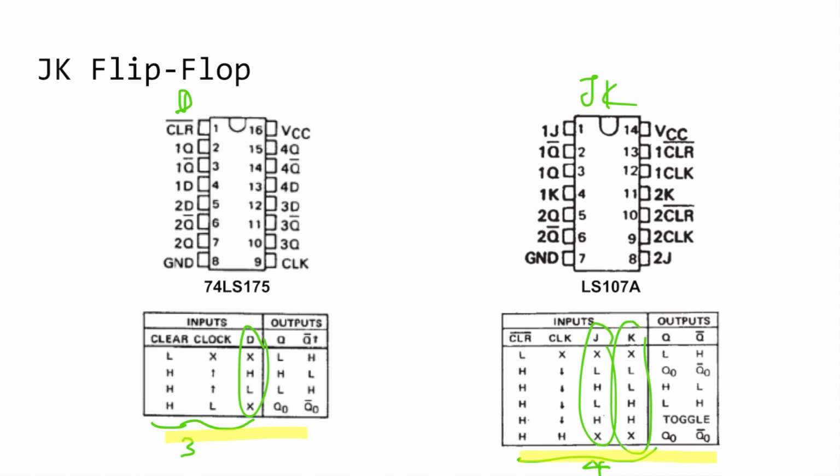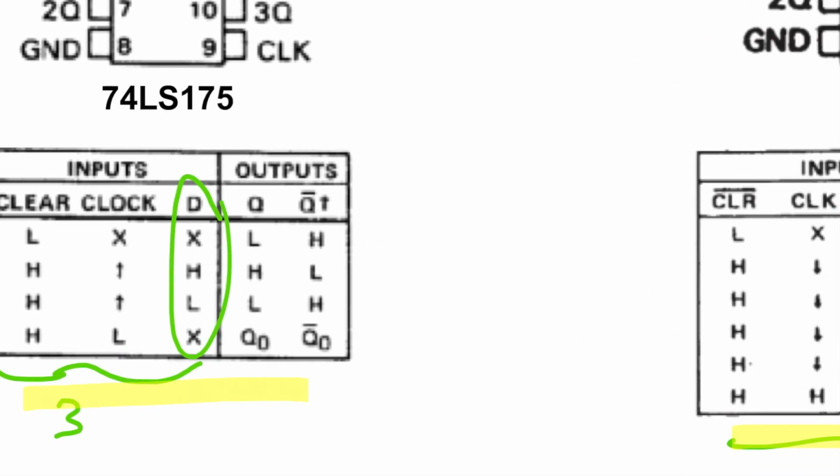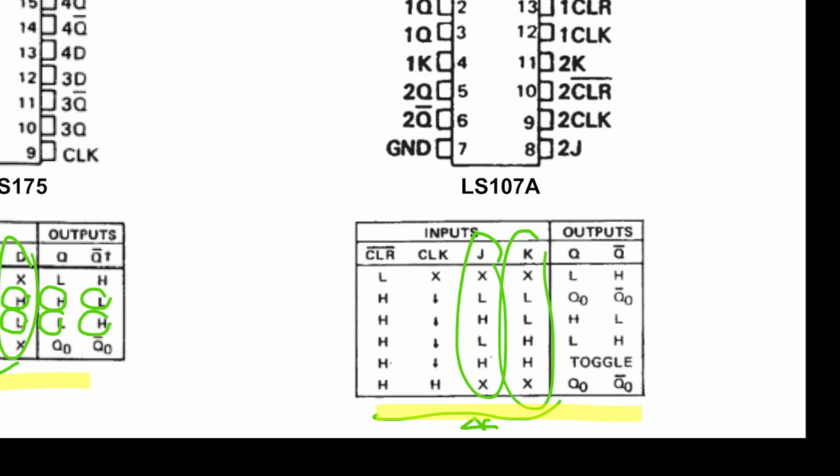So the only difference between the D flip-flop and the JK flip-flop is that in the D flip-flop, during the rising edge, if D is H, then Q would be H and Q bar would be the inverse of whatever Q is. And during the rising edge, when D is low, then Q would be low and Q bar would be high.